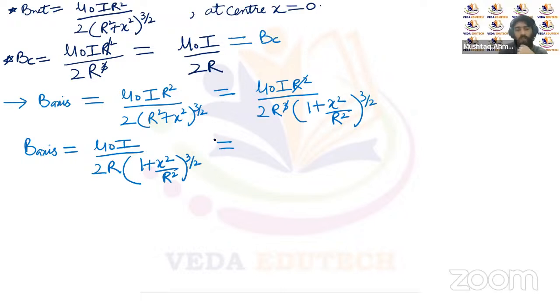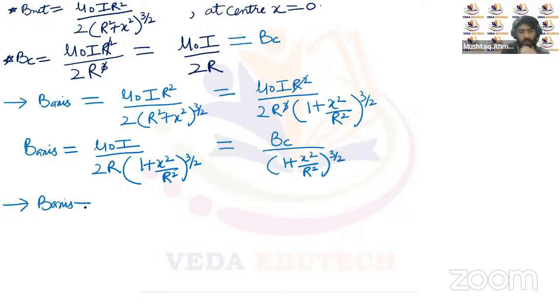So we can replace it, and get the relation between the magnetic field at center and the magnetic field at axis. B axis is B center upon 1 plus x square upon r square raised to power 3 by 2. So this is the relation between the magnetic field at center and magnetic field at axis.